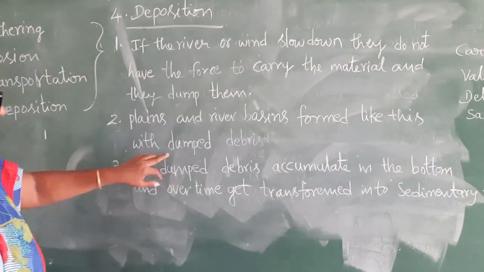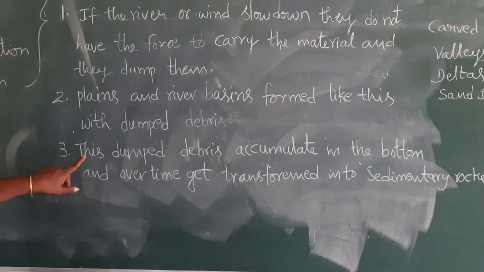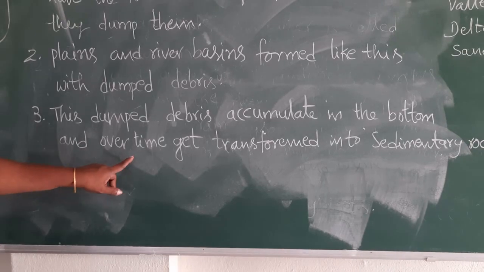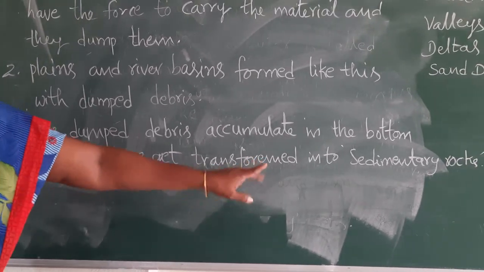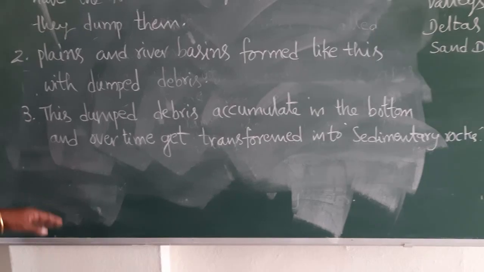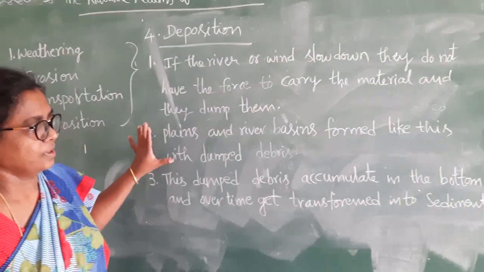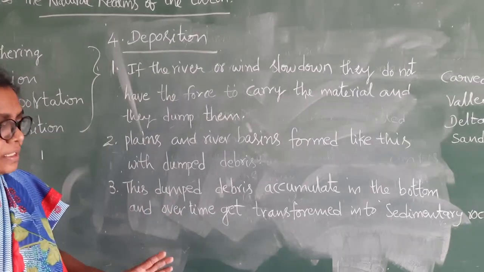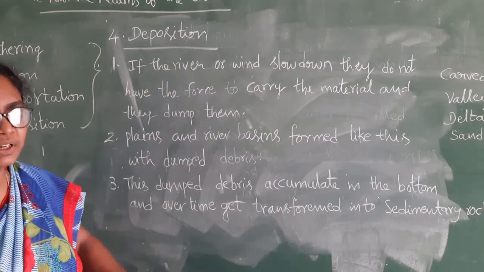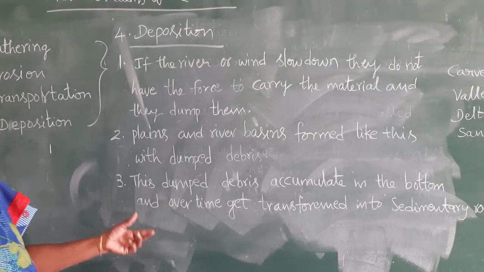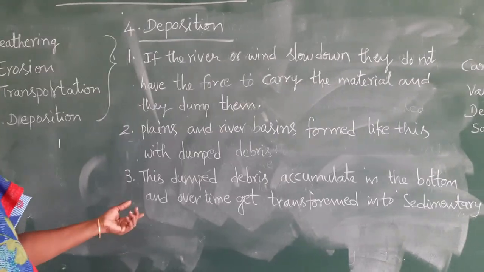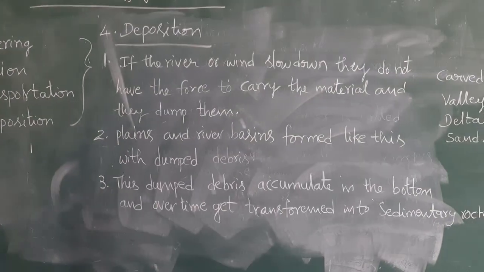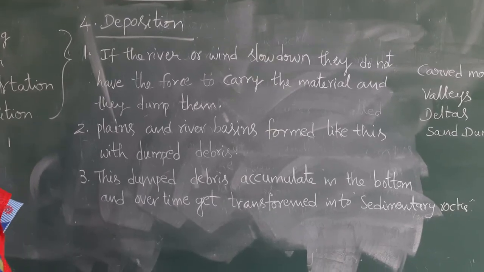Next point, this dumped debris accumulates at the bottom, and over time gets transformed into sedimentary rocks. For many years this debris moves along with the water and accumulates at the bottom of the river or in basin areas, and gets transformed into sedimentary rocks.